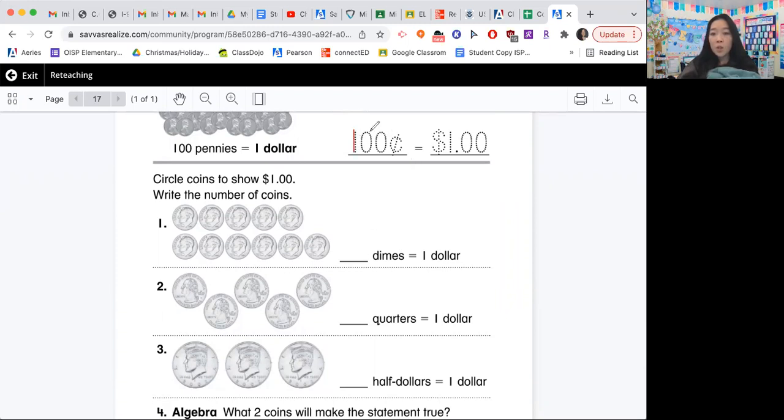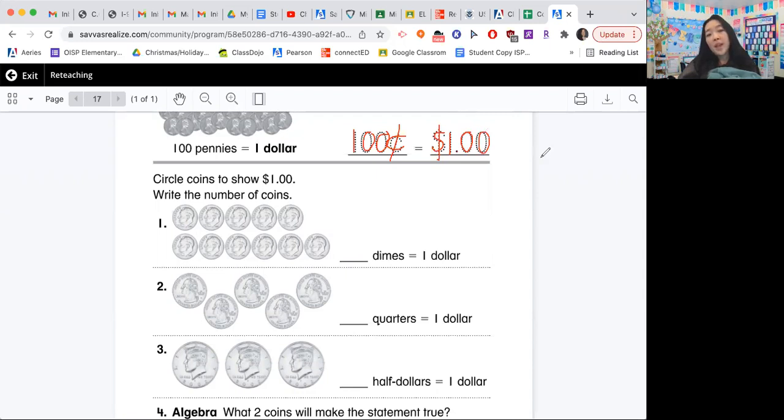So we already talked about cents. When you're writing cents, you make like a C and then you do a diagonal line across. For dollar, you're going to make an S and then you're going to put a line through it. And then you would write how many dollars there are, the decimal point, which is that dot, and then how many cents there are.